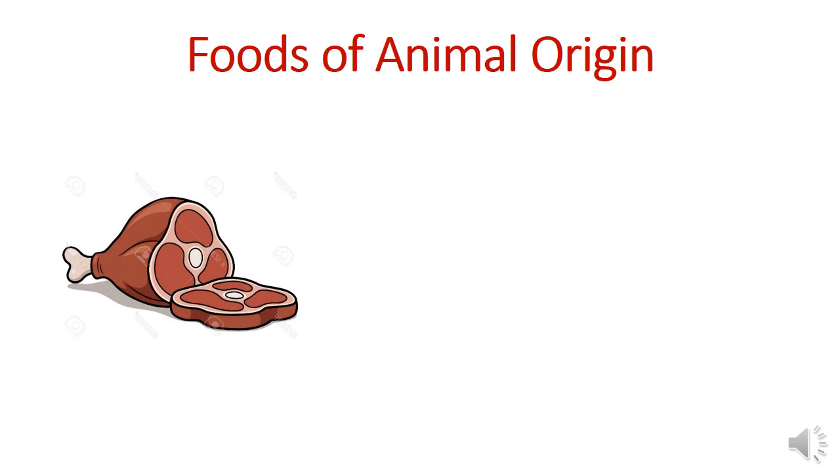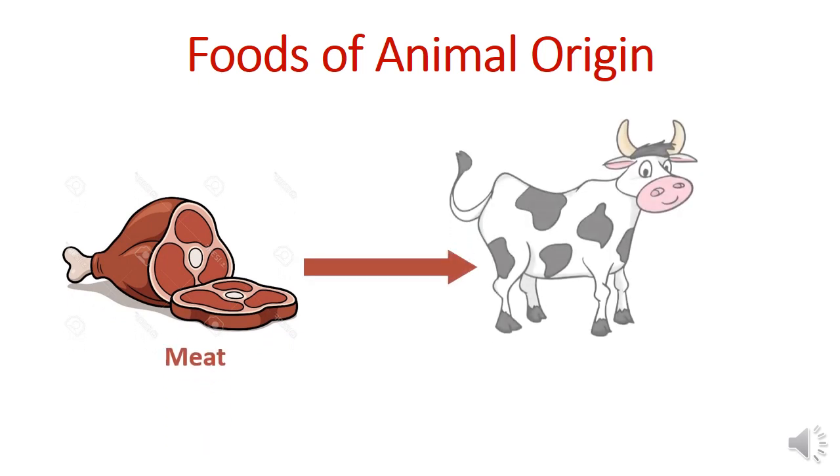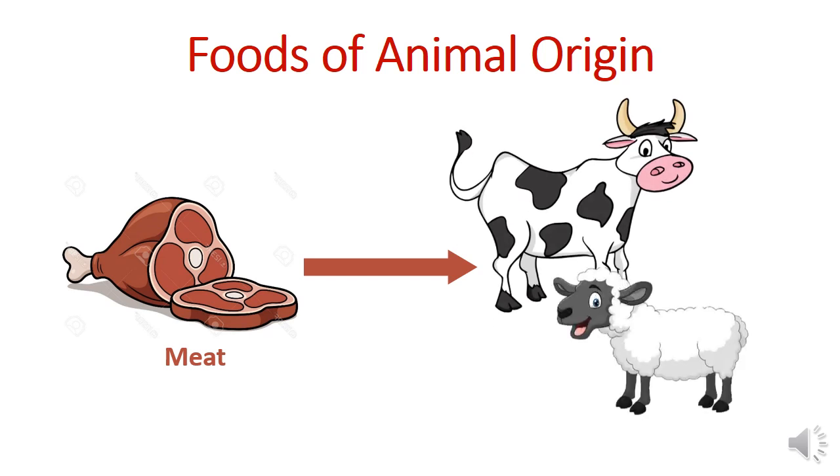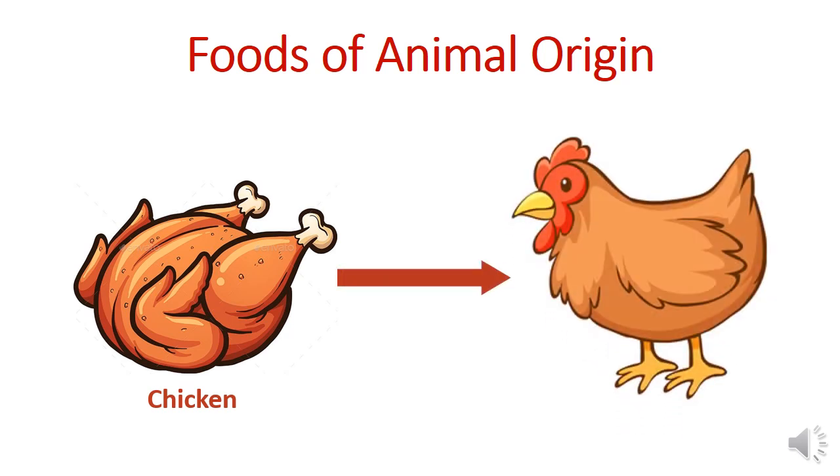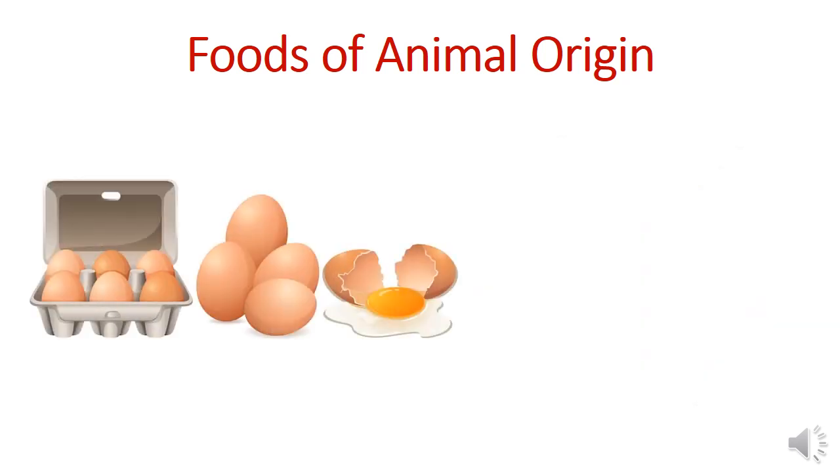We also have the meat, which comes from the cow or sheep. This is another type of meat, which is the chicken, which comes obviously from the chicken, so also of animal origin. How about the eggs?